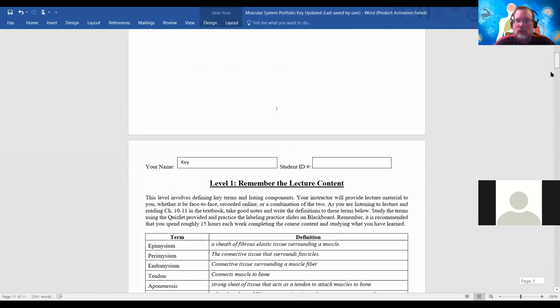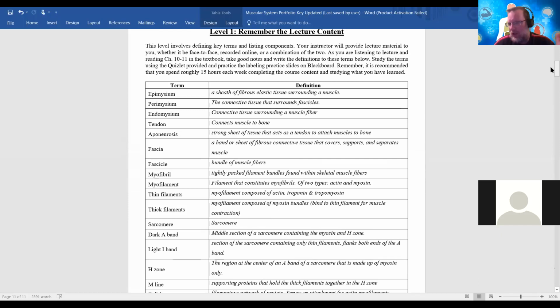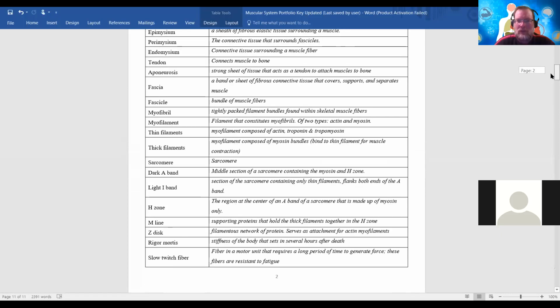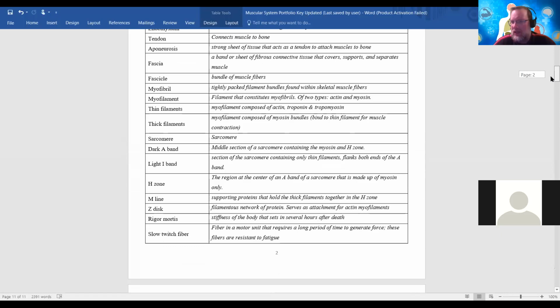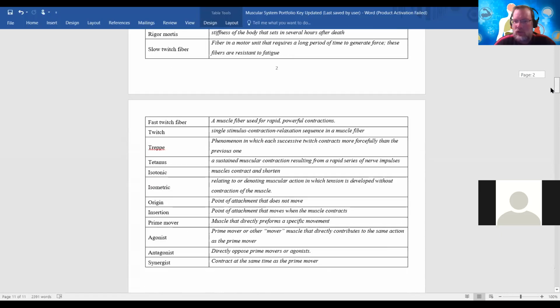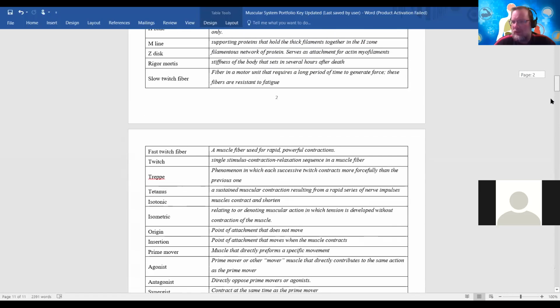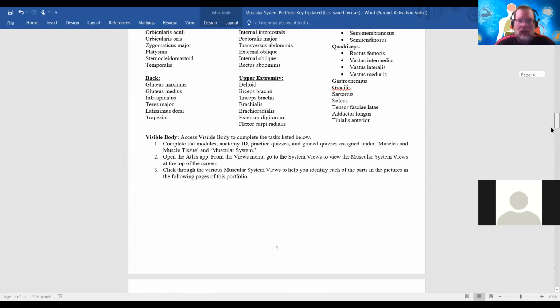Again, most of you have turned in your Unit 5, so I hope at this point you've at least started on the muscle system one. So I trimmed out some of the definitions. On my key, you're going to see more definitions than you had, so don't be freaked out by any of that.